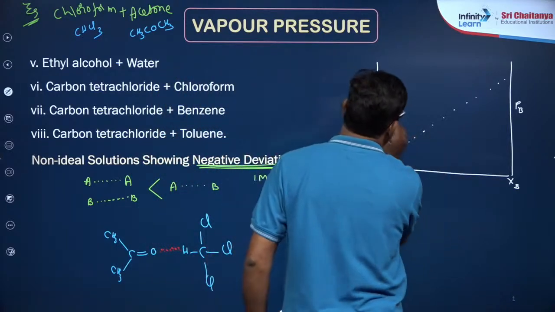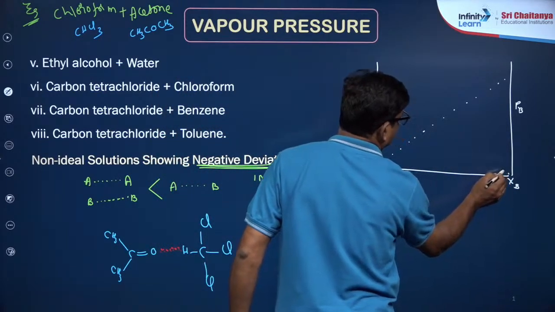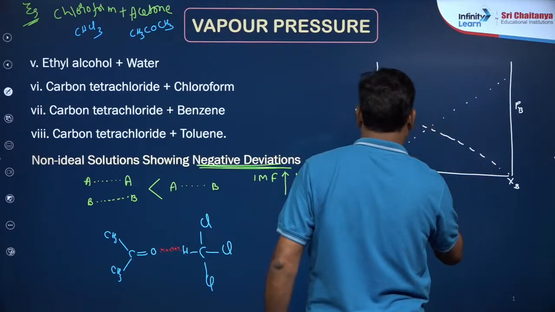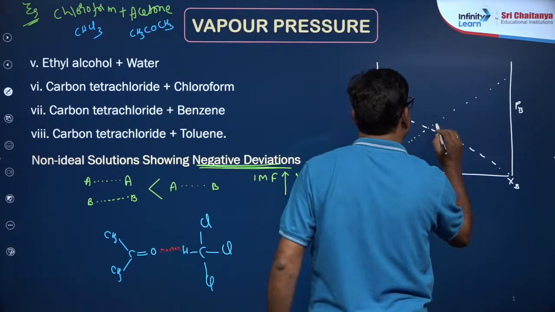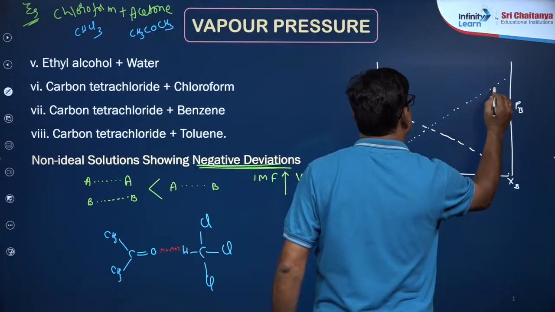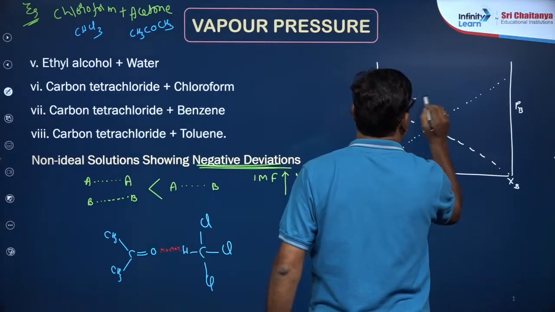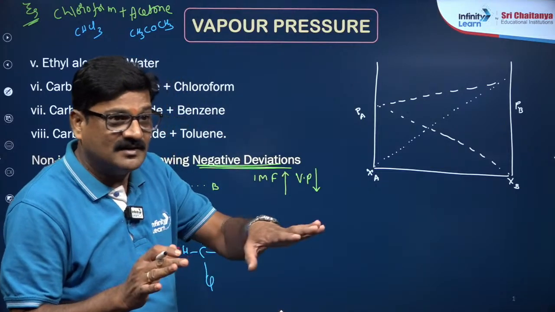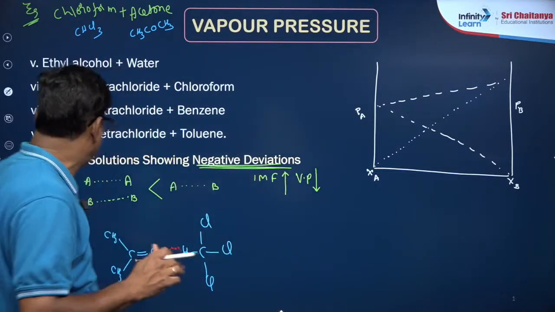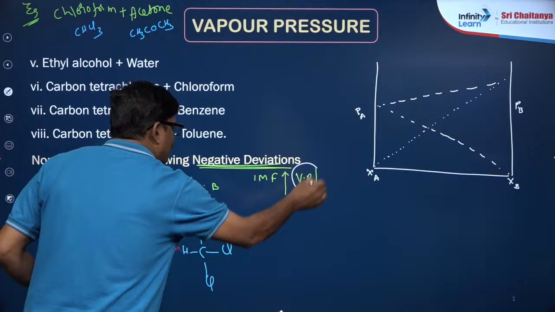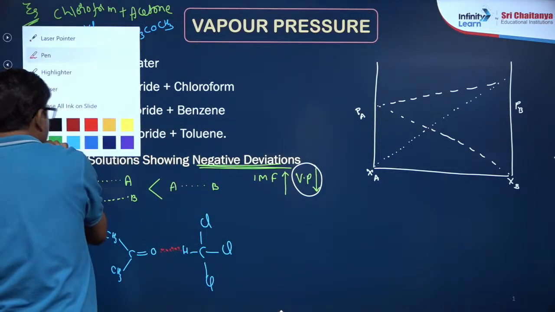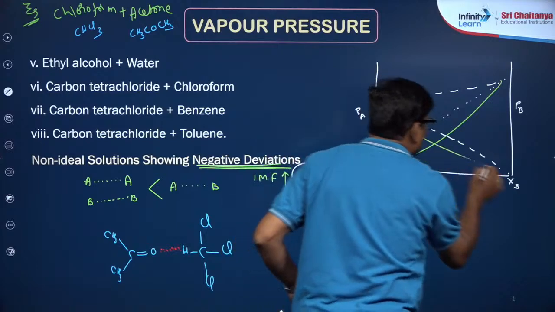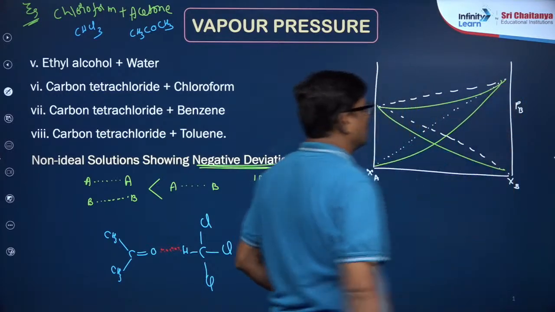For a solution, it is supposed to be a straight line. Understand? But as the vapor pressure decreases, it comes like this. Are you getting or not?